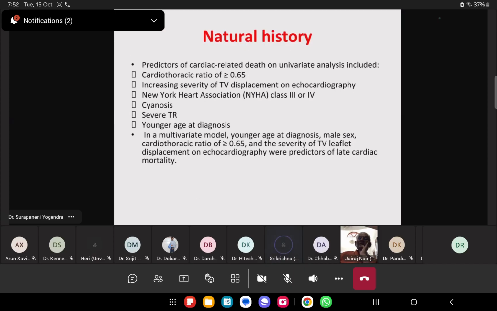Natural history again. Predictors of cardiac related death on univariate analysis included cardiothoracic ratio of greater than 0.65, increased severity of tricuspid displacement on echocardiography, New York Heart Association class 3 or class 4 symptoms, cyanosis, severe tricuspid regurgitation.